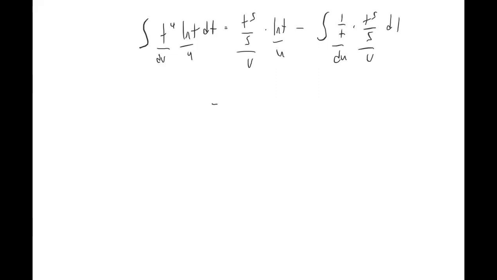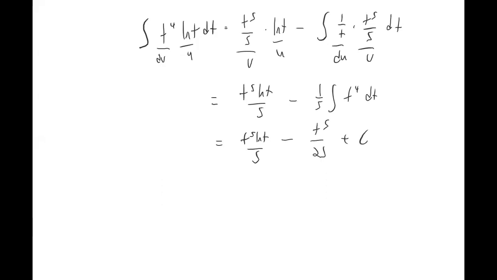And at this point, it's quite simple. Minus 1/5 integral of t to the 4th, right? And then you get t to the 5th over 25 plus c.